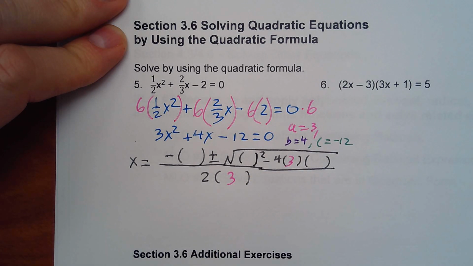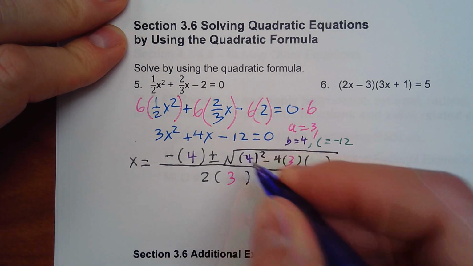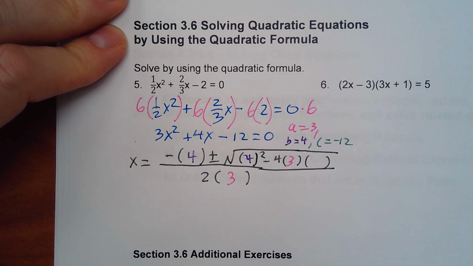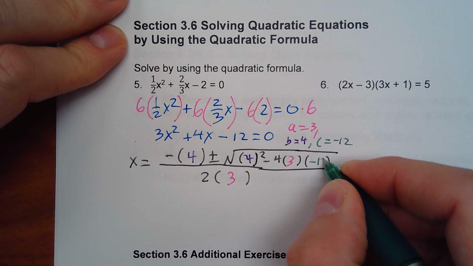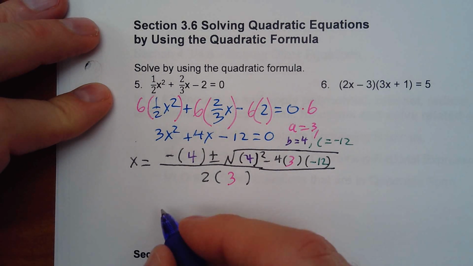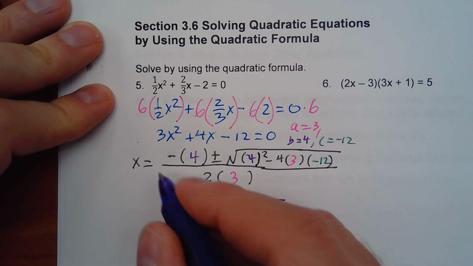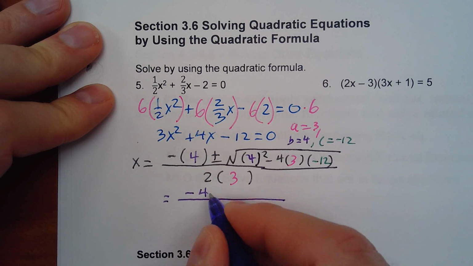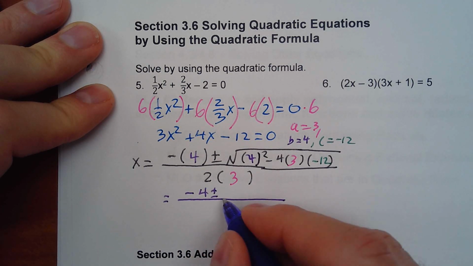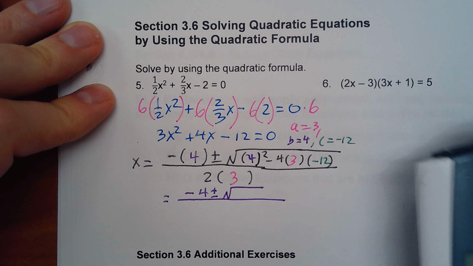My b here is 4. And my c here is negative 12. Alright, so let's see if we can work on cleaning this up. So that's a negative 4 plus or minus. And let's grab the calculator for that part.